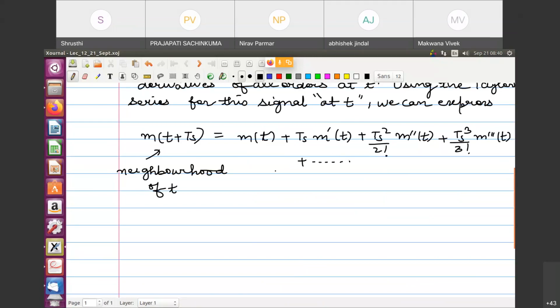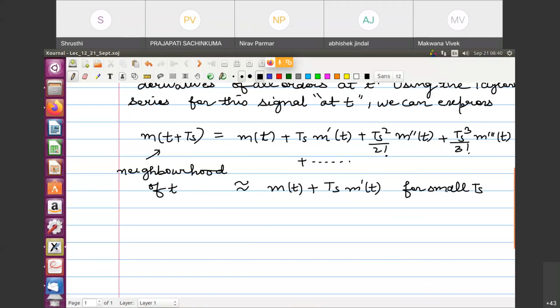Now this can be approximately written as m of t plus Ts m dash t for small Ts. It means that if Ts is small, then Ts square, Ts cube, all these terms will start decreasing, because small Ts generally means it should be less than 1.